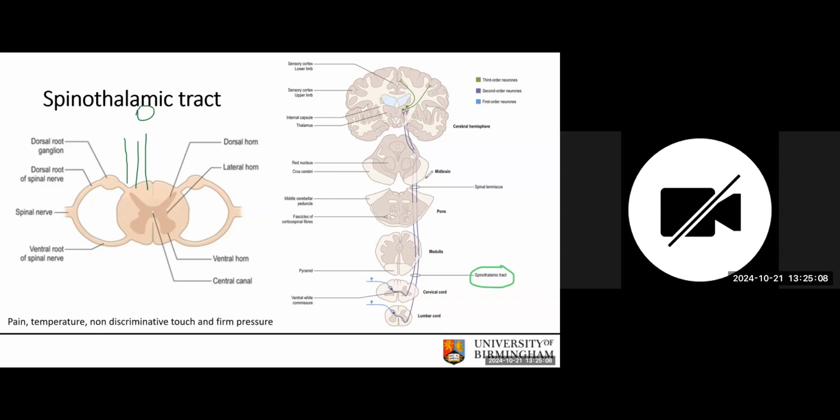So this is the same diagram as this one. So we have the information entering and ascending, ascending, ascending, and going to the brain. So imagine, I'm gonna show it with a spinal nerve because that is easier.